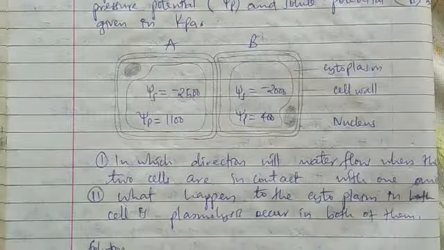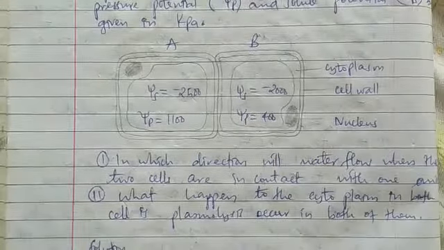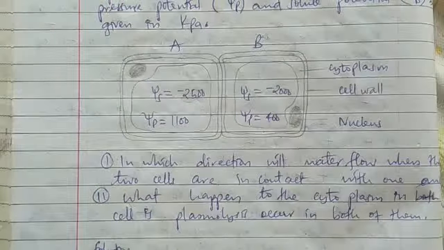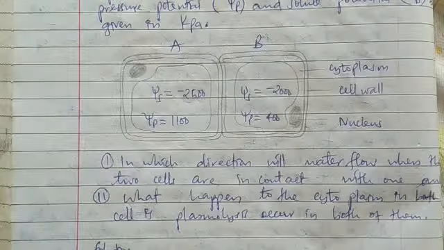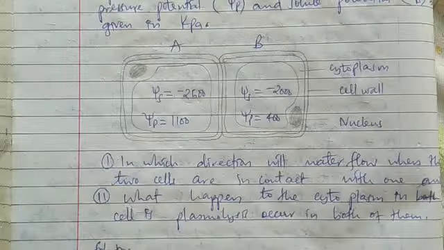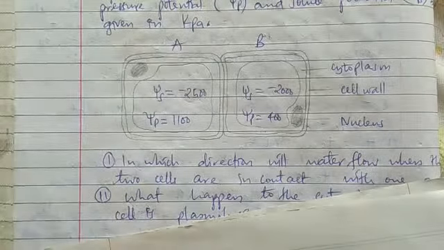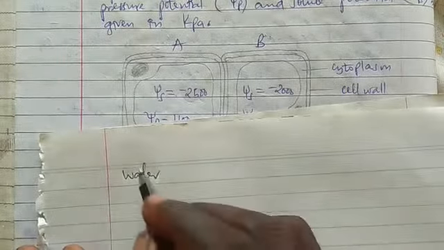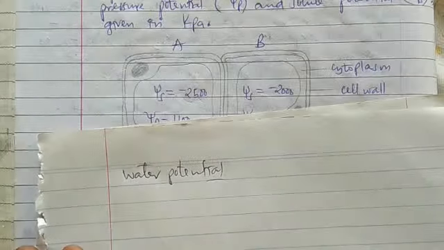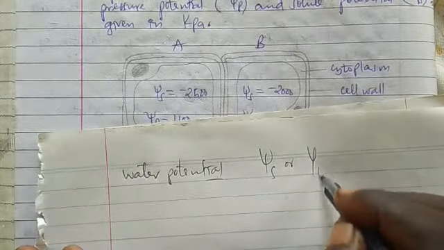Before judging the correct movement of water, from which side to which side, what we need to know first is that movement of water is affected by water potential. Movement of water is not affected by solute potential or pressure potential alone.